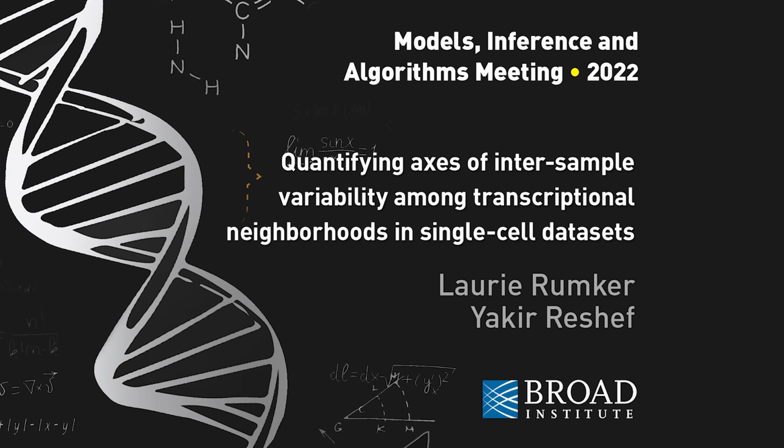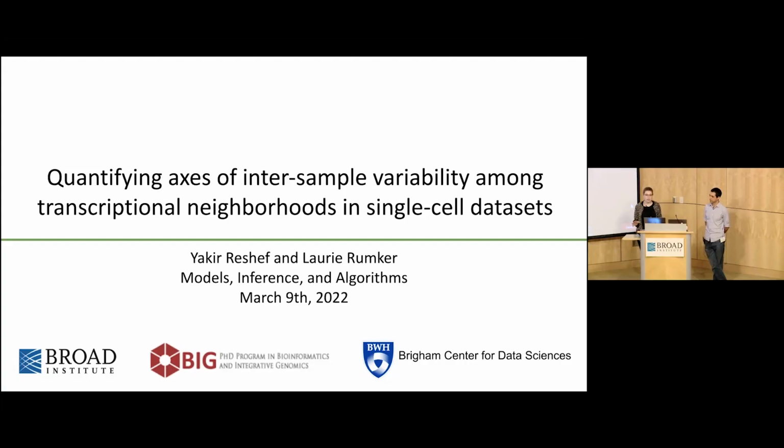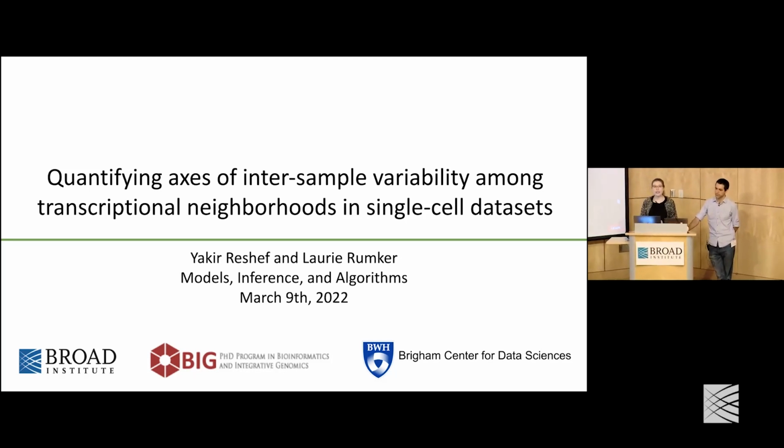Today, Yakir and I are going to be speaking about creating representations of single-cell data sets that allow us to better make comparisons across samples. And we first began this project with an observation, which was that people use a lot of adjectives to talk about single-cell data, that it's very high volume, that it's very high resolution, and also that it's very rich, suggesting it has some special kind of complexity.